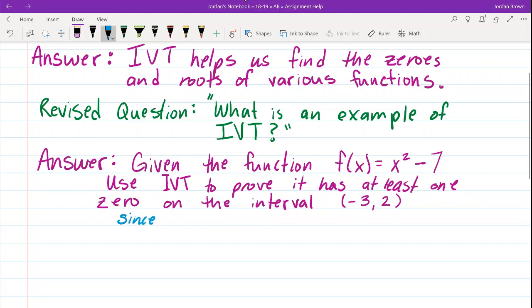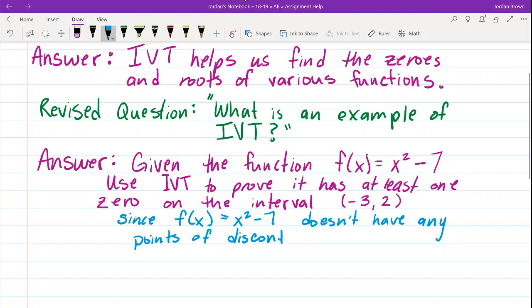So we say since f of x is equal to x squared minus 7 doesn't have any points of discontinuity, yes, this is different from the extreme value theorem. The extreme value theorem simply says that given a continuous function, the function will have at least one minimum and at least one maximum if it is continuous.